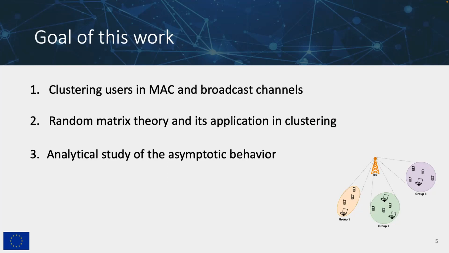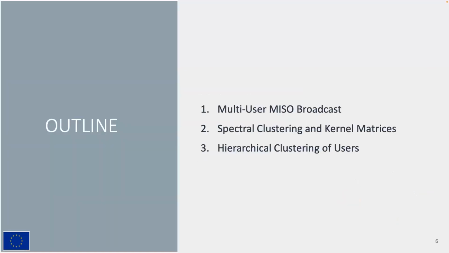To give you an illustration, the idea is that we have a base station and would like to cluster the user equipments, or the users, according to the CSI into different groups. The way we want to do it is to check the similarity between these users. We have proposed 2 ways and one use case study to motivate the work.